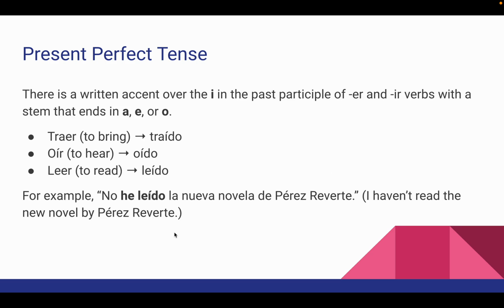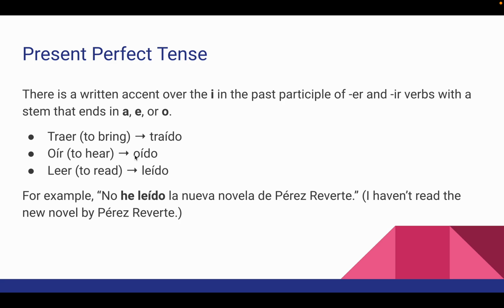There is a written accent over the i in the past participle of -er and -ir verbs with a stem that ends in a, e, or o. So traer, to bring, becomes traído. Because we've got two vowels back to back, they want to make sure that you're pronouncing both of these, so you have to put the accent.